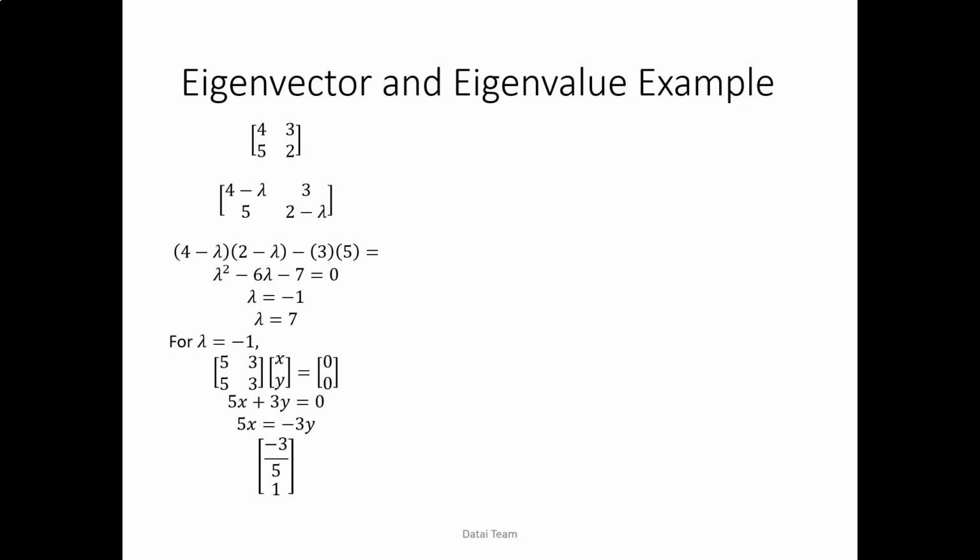Let's do it for negative 1. We have 5, 5, 3, 3, x, y. We got these numbers by plugging negative 1 in for our lambda. Then we have 5x plus 3y equals 0, and from that we can write 5x is equal to negative 3y, and our y is equal to y, our x is equal to negative 3 over 5 y.